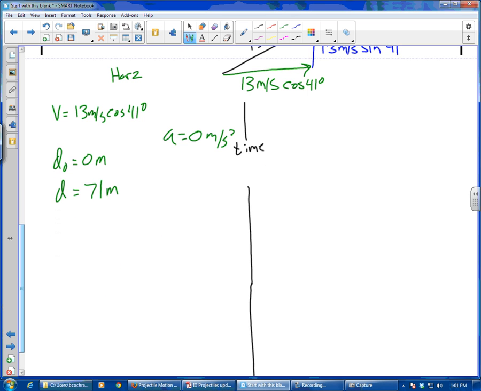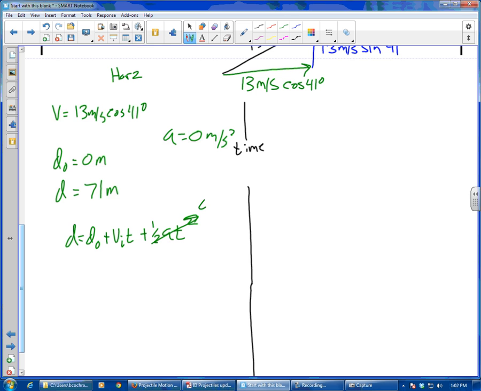And I'm not even going to bother writing anything in the vertical yet. So I'm going to use D equals D naught plus V initial T plus 1/2 AT squared, because that time is unknown, so maybe I can find that time and that'll jump me over to the vertical, which is where I really want to be.